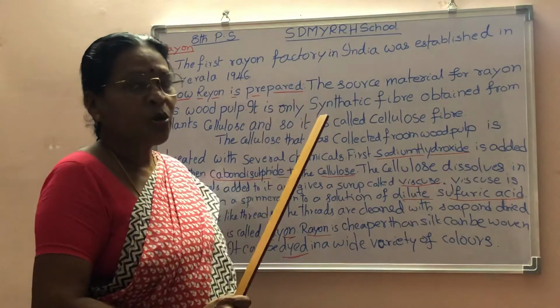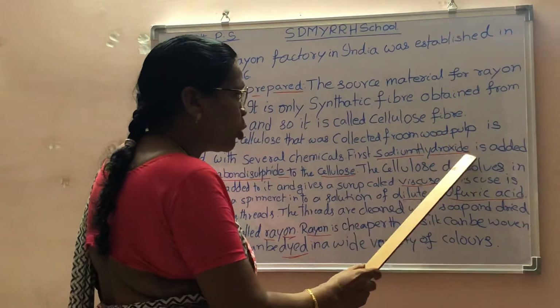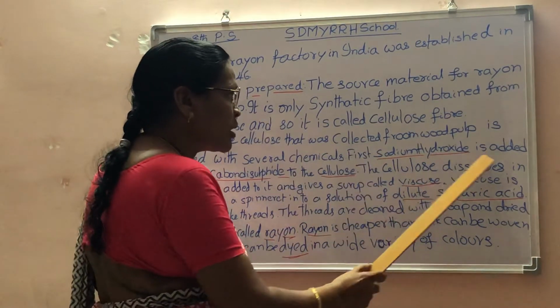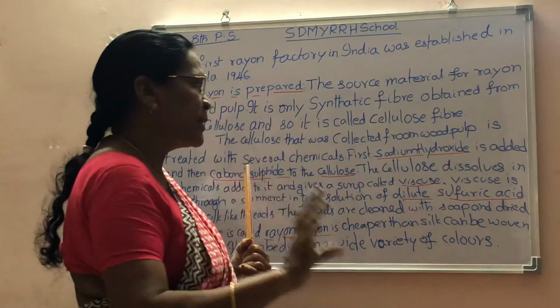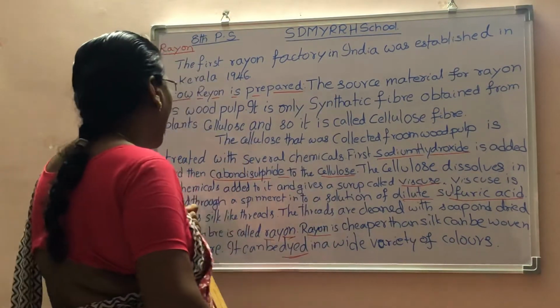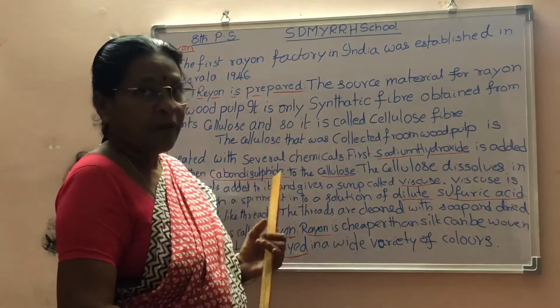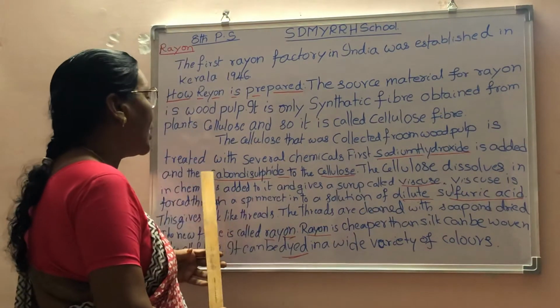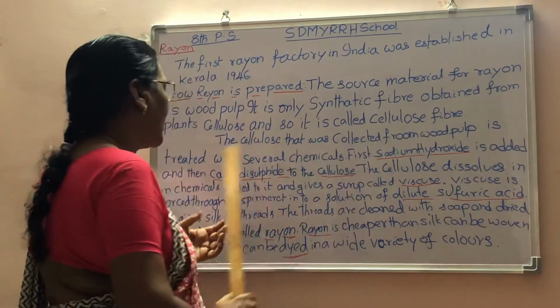First, sodium hydroxide is added to the pulp of wood. Sodium hydroxide is a chemical. And then carbon disulfide is added to the cellulose, the wood pulp.